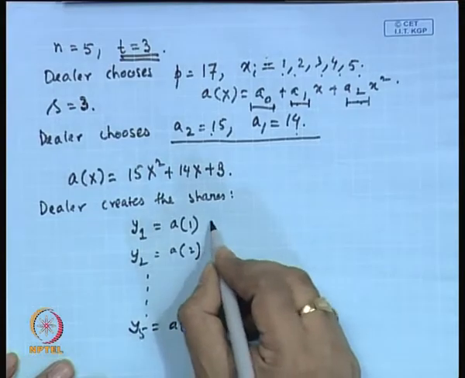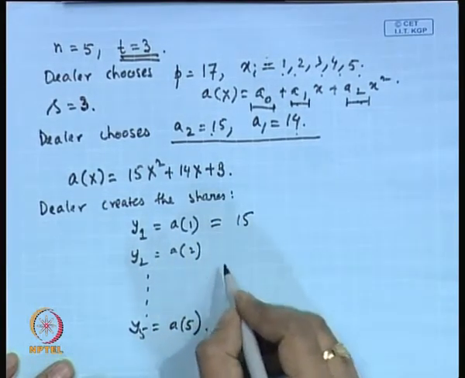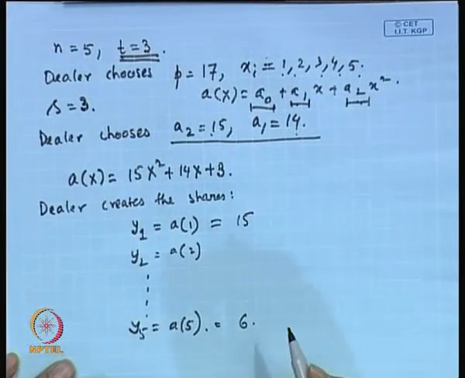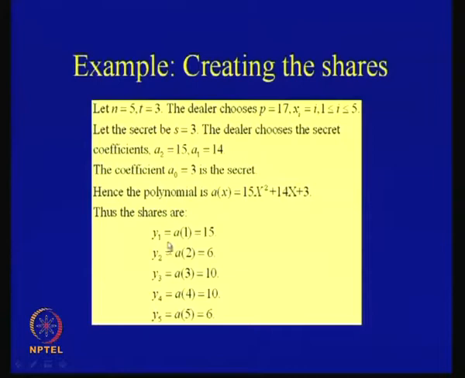If you plug in these values and check, the shares are y1 equal to a(1) equal to 15, y2 equal to a(2) equal to 6, y3 equal to a(3) equal to 10, y4 equal to a(4) equal to 10 and y5 equal to a(5) equal to 6. These are the corresponding shares which are created.